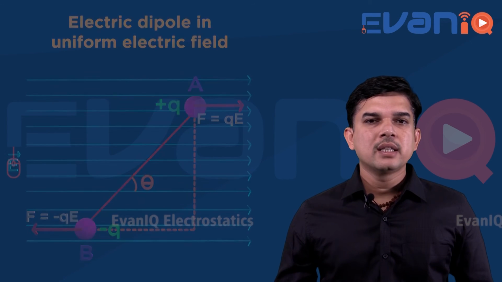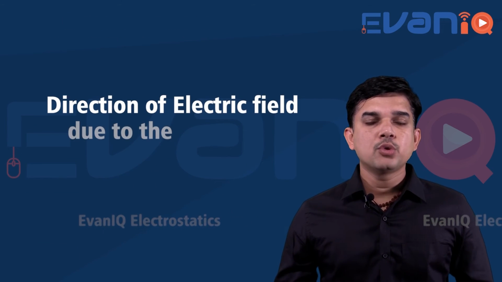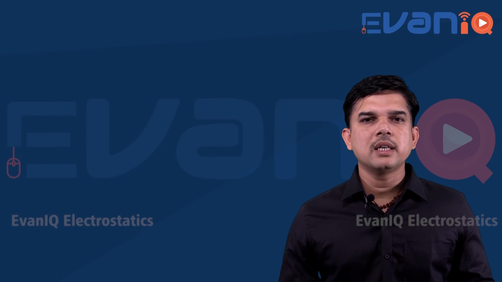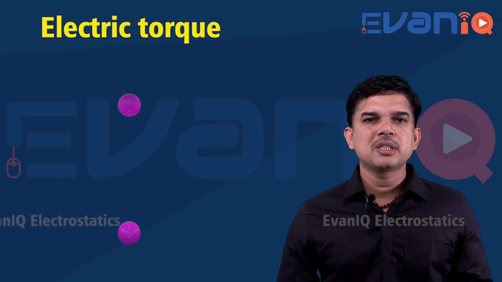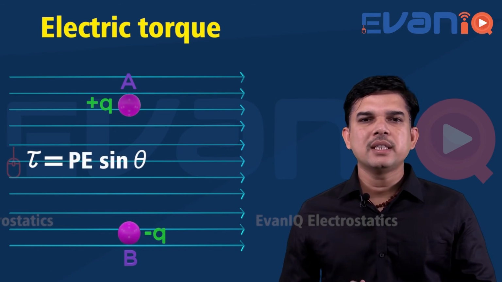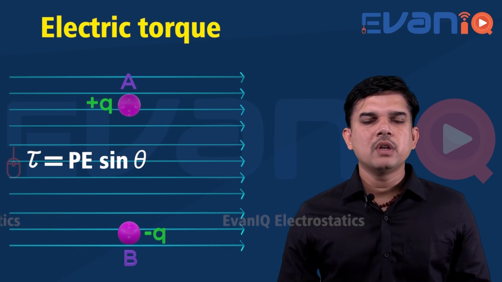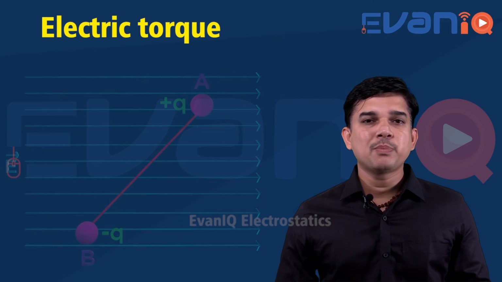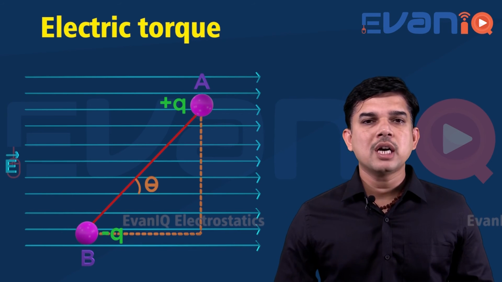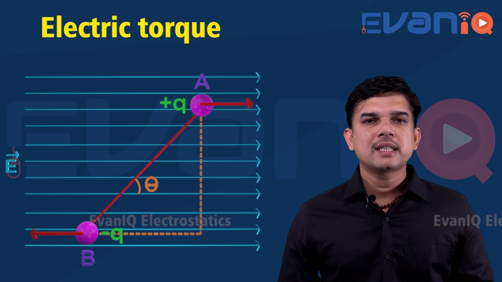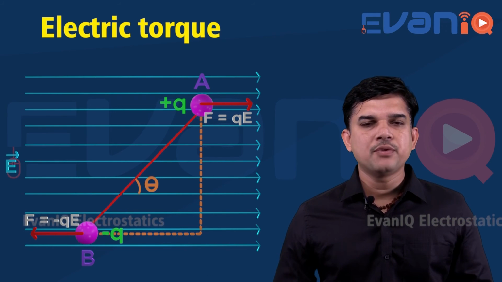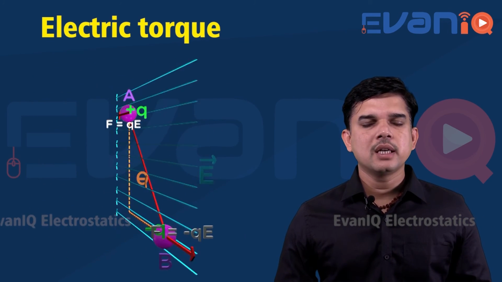We can also find the direction of the electric field due to the dipole and the electric potential energy. First we will calculate the torque on the dipole in the presence of an external electric field, and that torque will be tau equal to PE sin theta. How is it possible? Because the dipole is placed in a uniform electric field at an angle theta. Then the plus Q charge of the dipole will move towards the side of the electric field, and the minus Q charge will shift in the opposite direction of the external electric field.